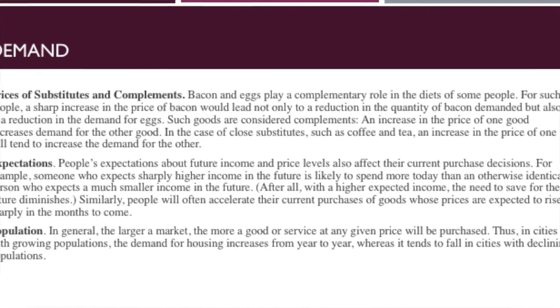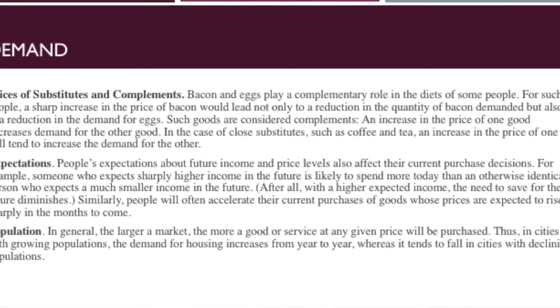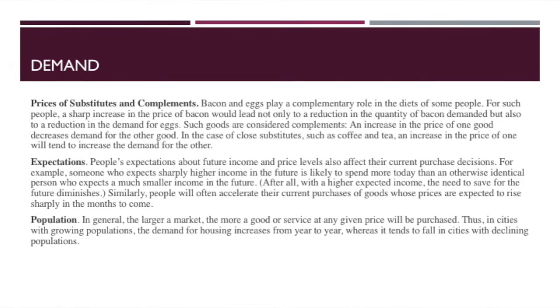Things that go together, bacon and eggs maybe is a good example. If the price of bacon suddenly goes through the roof, maybe you're not going to buy quite as many eggs. And so the prices for substitutes and complements have a big influence on the demand for certain products.